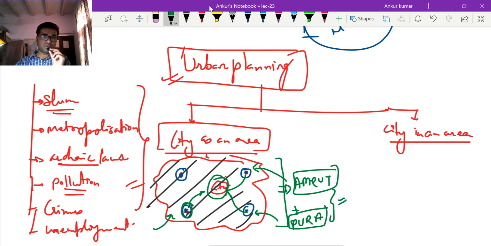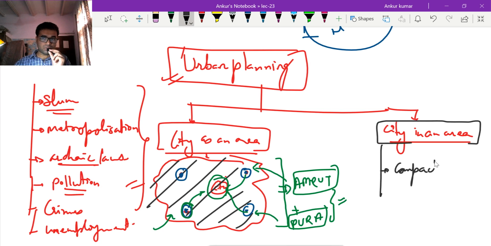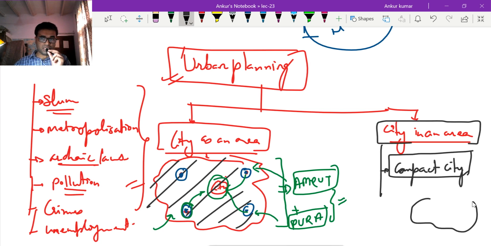And then in the city in an area, you have a city which has outgrown its limits. For example, in Delhi, you can adopt the model of compact cities, which is the model of the European cities. For example, this is the limited area of Delhi. You select certain pockets, and with proper planning you start vertical and compact planning in these areas.